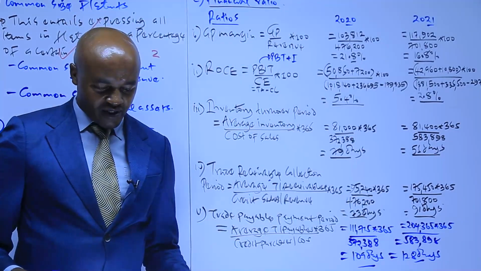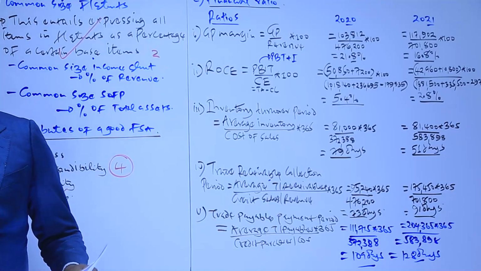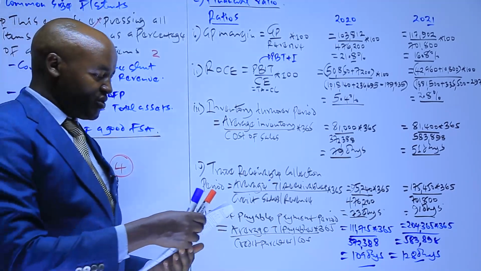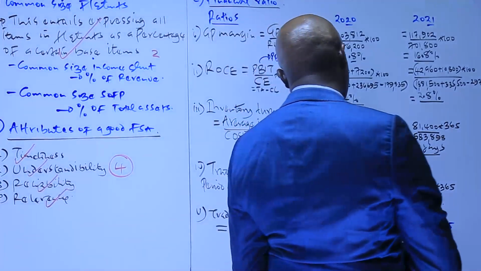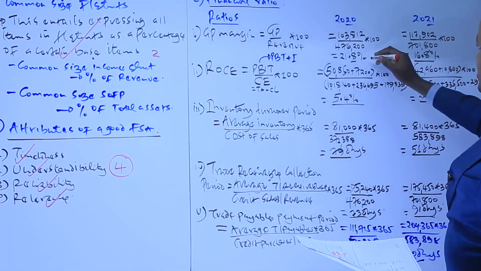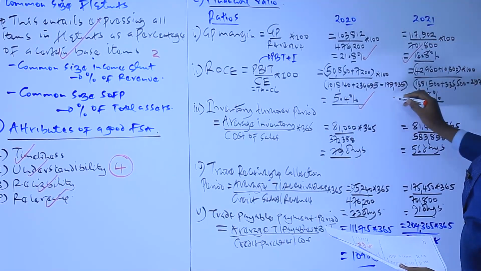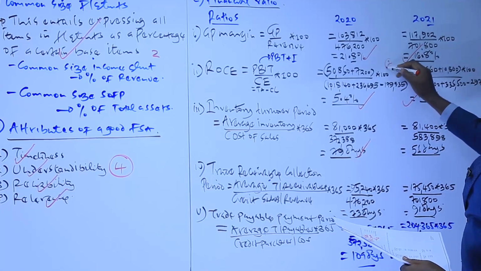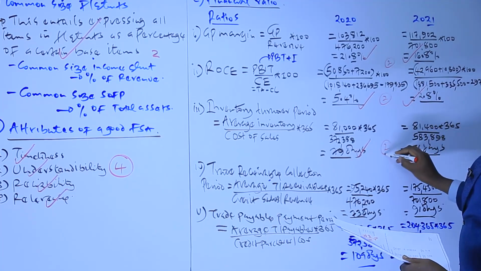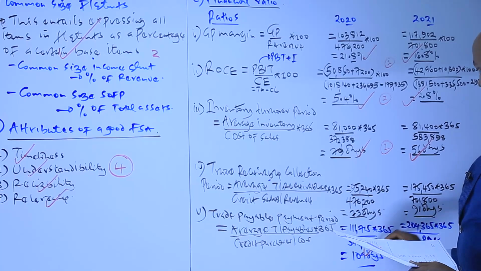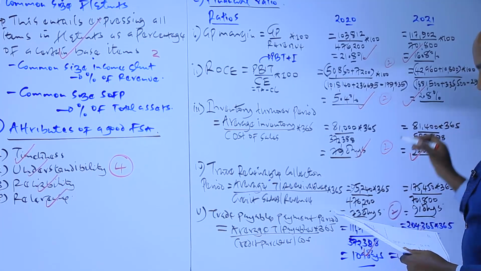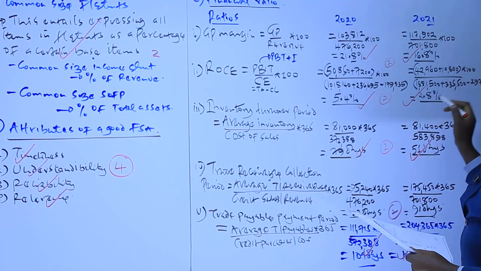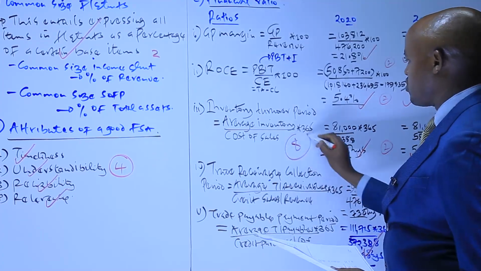That is basically what was required as far as that question is concerned. And by computing those particular ratios, for each ratio the examiner had allocated 2 marks. So meaning that by doing that you get 2 marks, 2 marks, 2 marks here, and equally there you get 2 marks. In total, there were 8 marks for computing those ratios.